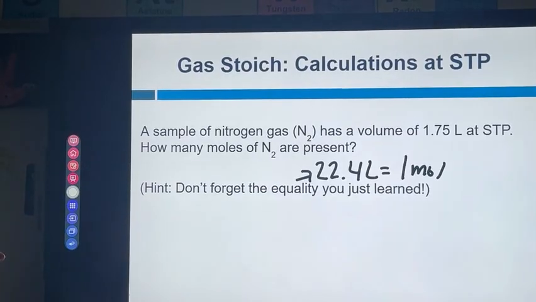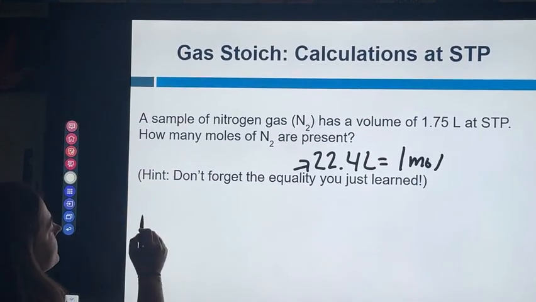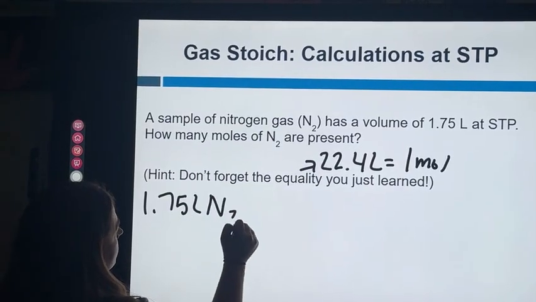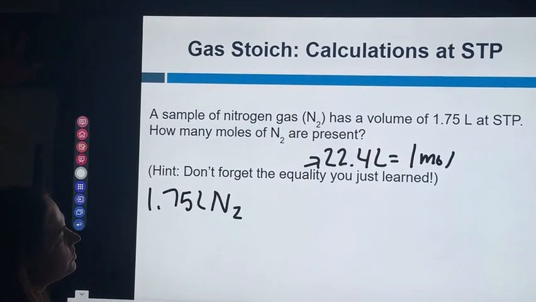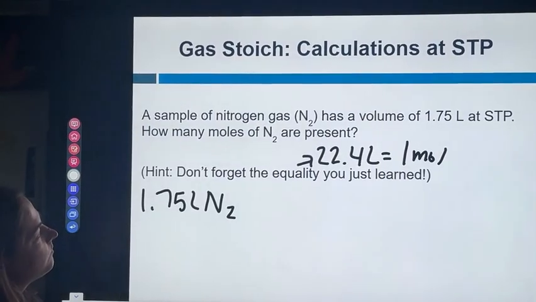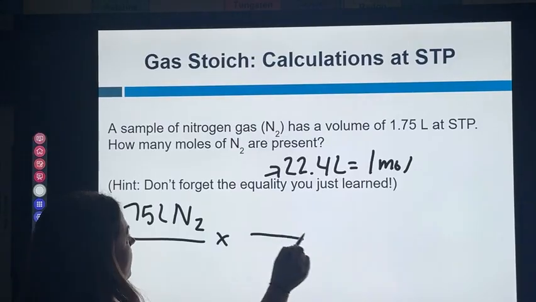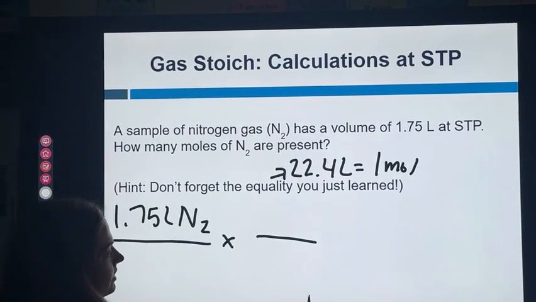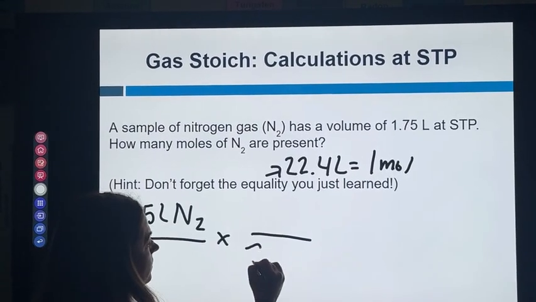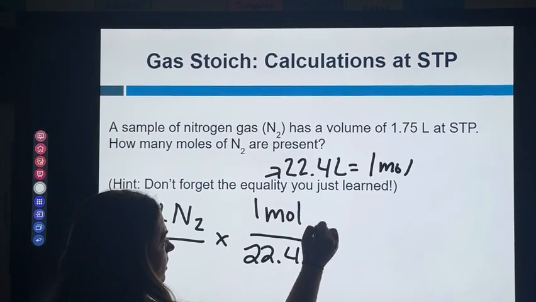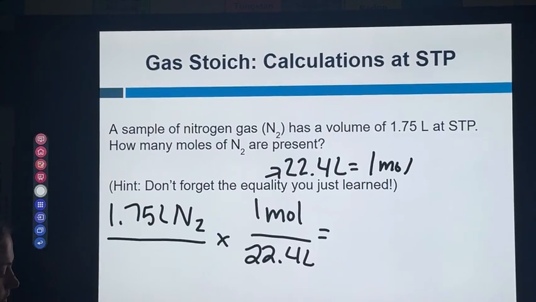We are starting with 1.75 liters of N2, and we just want to convert that to moles. If you have liters at the top, you need liters at the bottom. So 22.4 liters is equal to 1 mole. It's just a one-step equation.